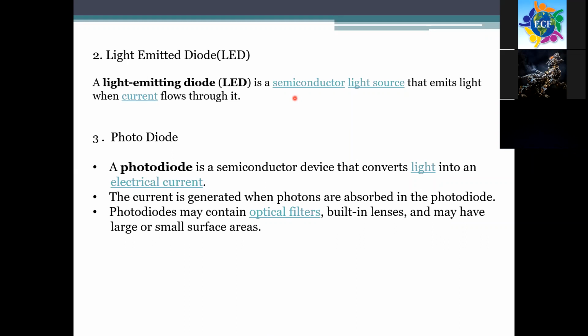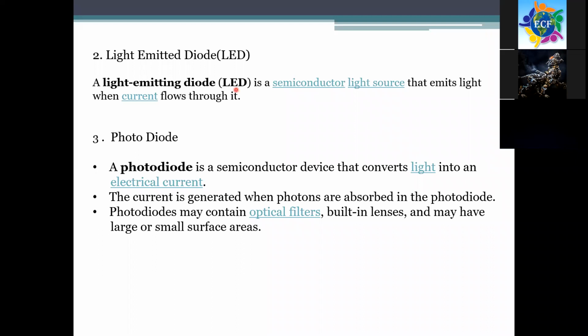The applications of photodiodes are in computer punch cards, light detectors, sound reproduction of film projectors, and light operated switches. The photodiode is a semiconductor device that converts light into electric current, whereas an LED is a light source that emits light when current flows through it. Means it works in reverse order.